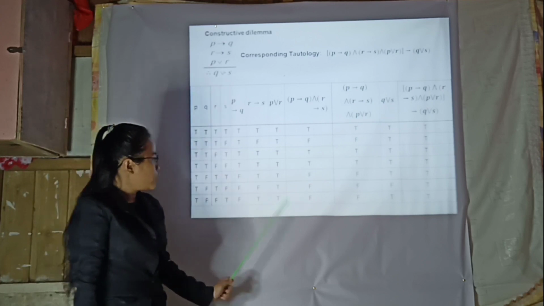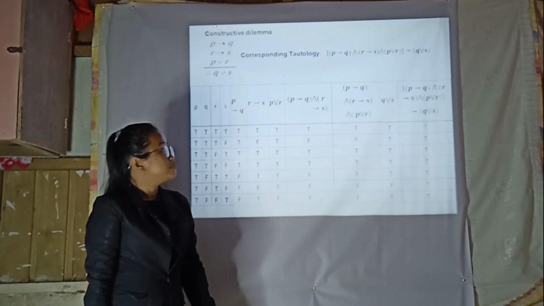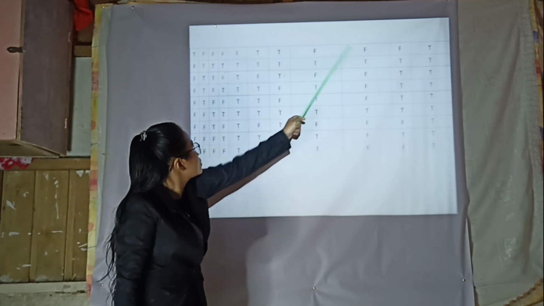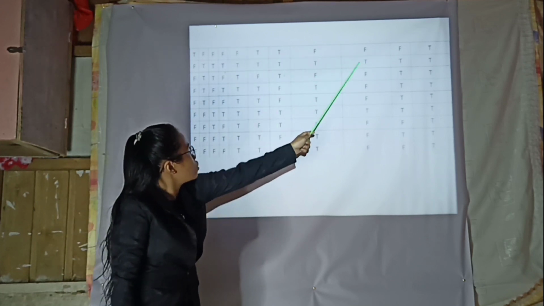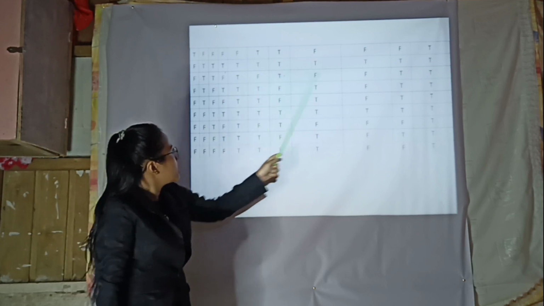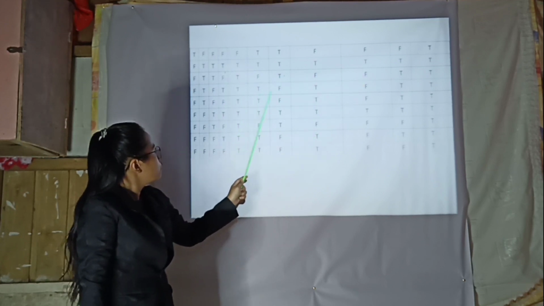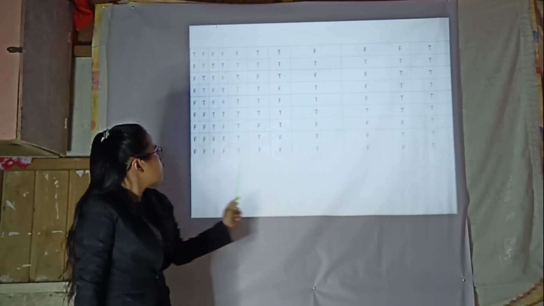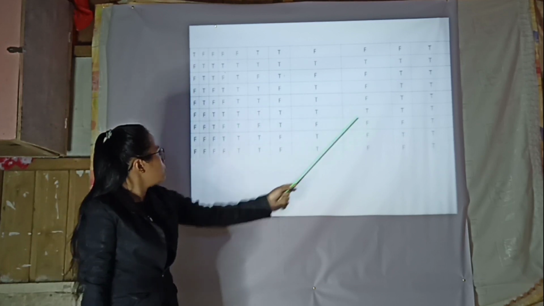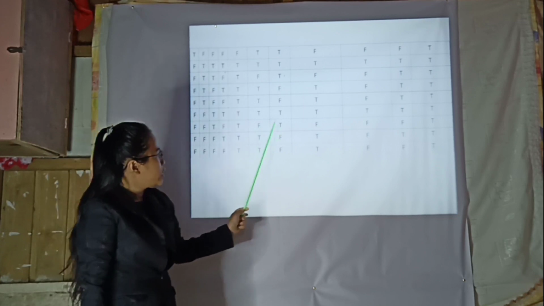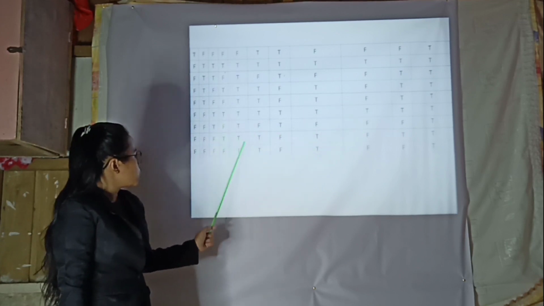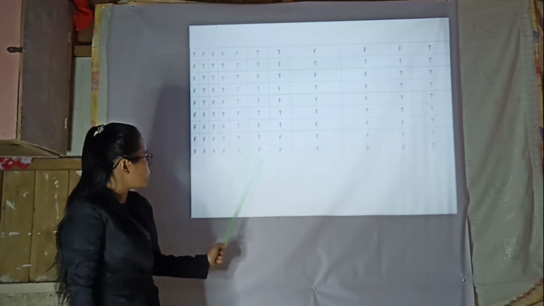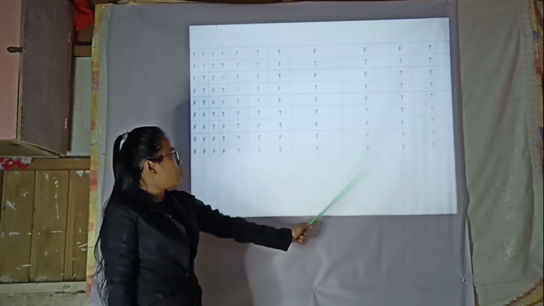False, true is false. So false, true is false. True is true. True, false, true is false. True, false is false. True, false is false. True is true. True, false, true is false. Then true, false is false. Then true, false is false.